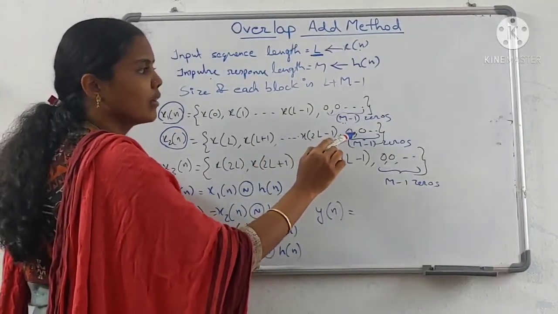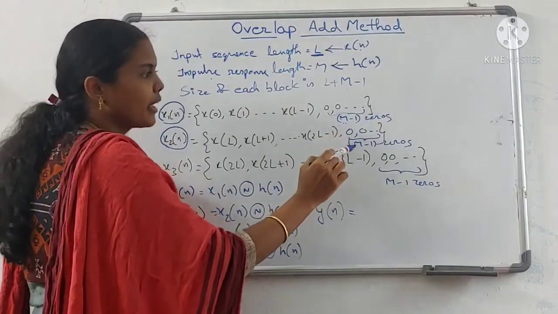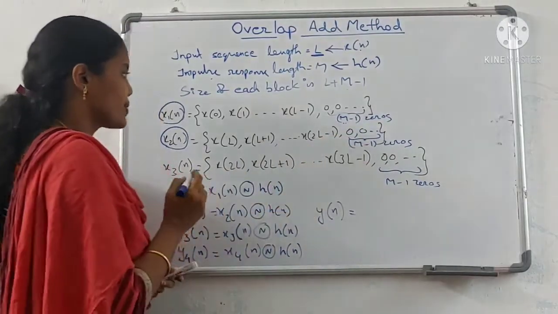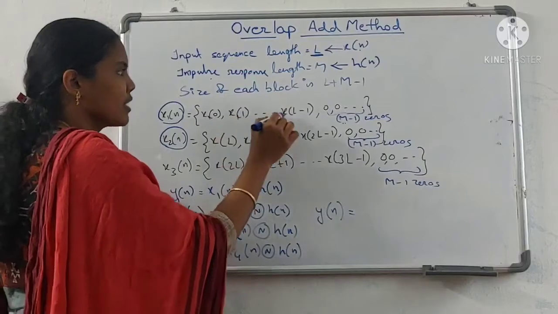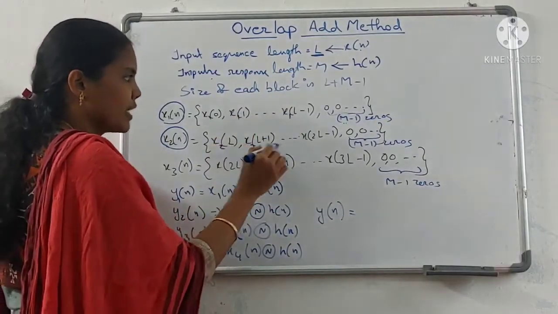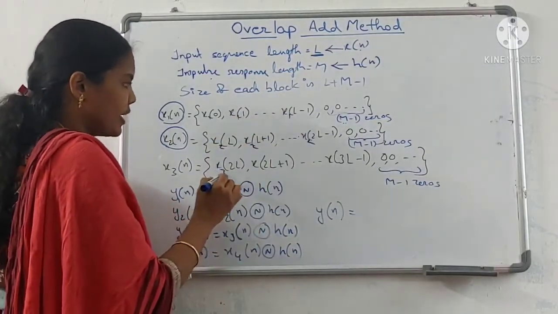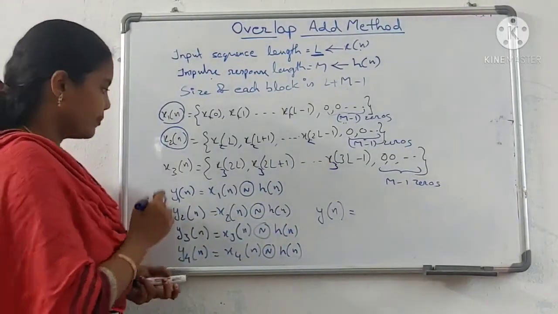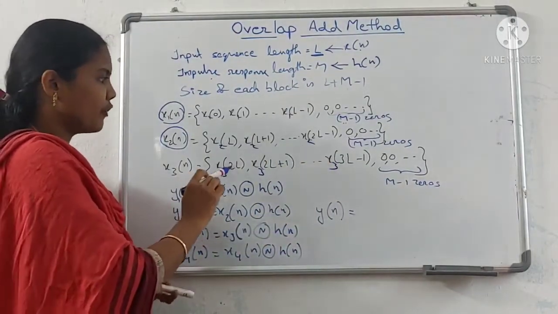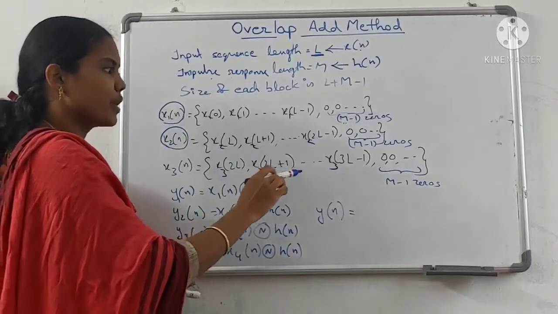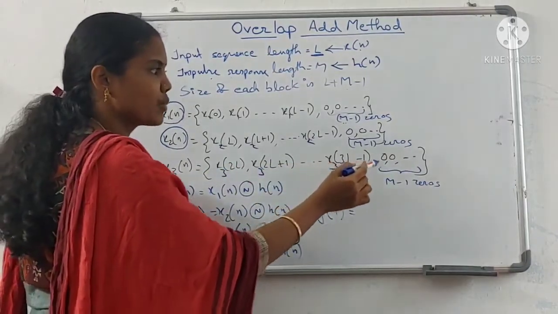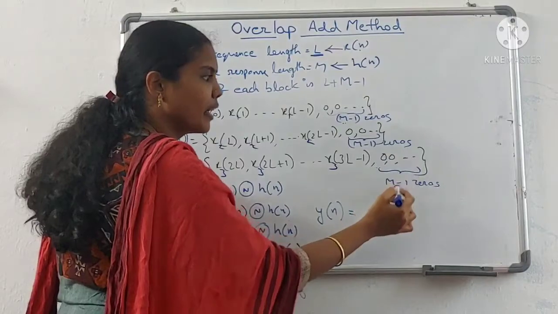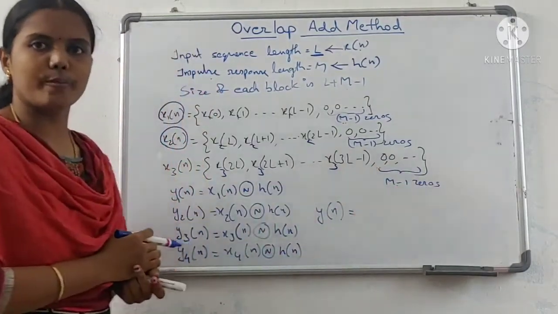Again I am adding M minus 1 zeros. Next block of data is x3 of n, which is x of 2L, x of 2L plus 1 and so on up to x of 3L minus 1. Here also I am adding M minus 1 zeros.